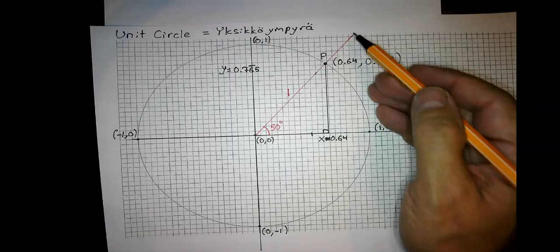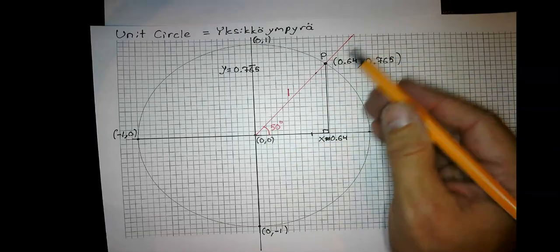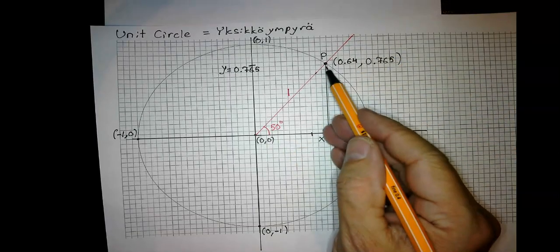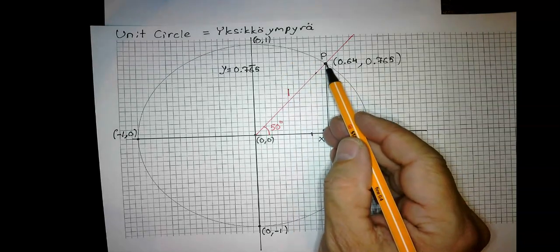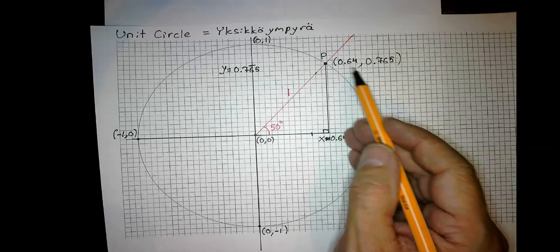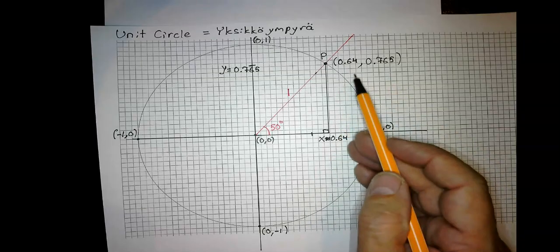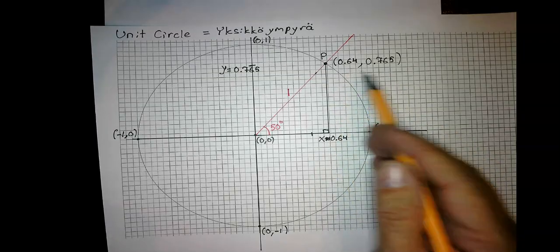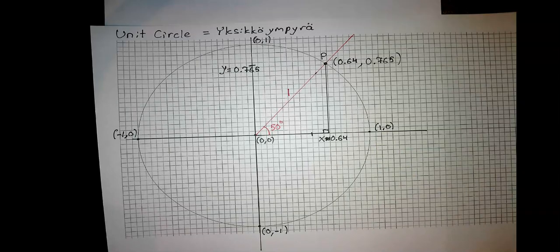There is this line or half of the line, and it intersects the circle in that point P, and I try to approximate those coordinates with the help of my poor picture. And what are those coordinates there?